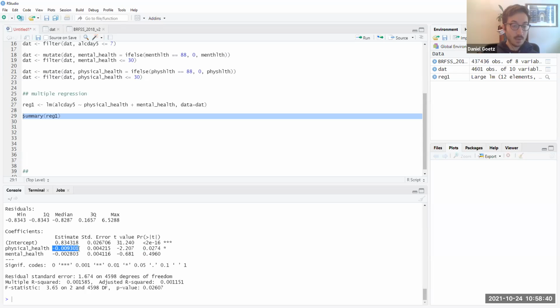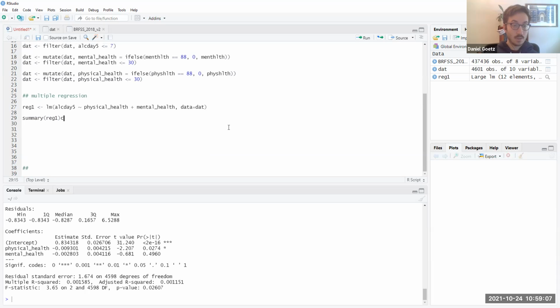Physical health has a negative coefficient like we expected. So does mental health. Mental health is actually a lot smaller than physical health. And in fact, it's not significant with these homoscedastic errors. So we would definitely not expect it to be significant with heteroscedastic errors. Physical health is negative and significant at the 5% level. It may still be significant with heteroscedastic errors.